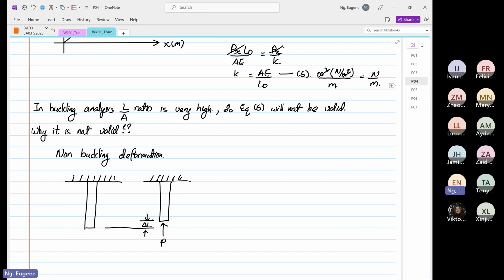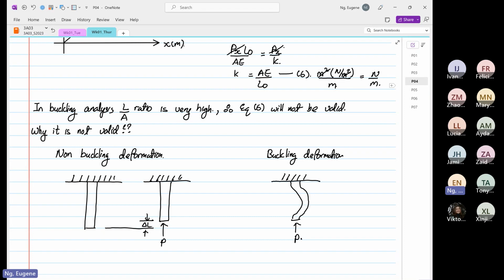So that's not buckling. For buckling deformation, the structure will deform this way when we put a load P over here.